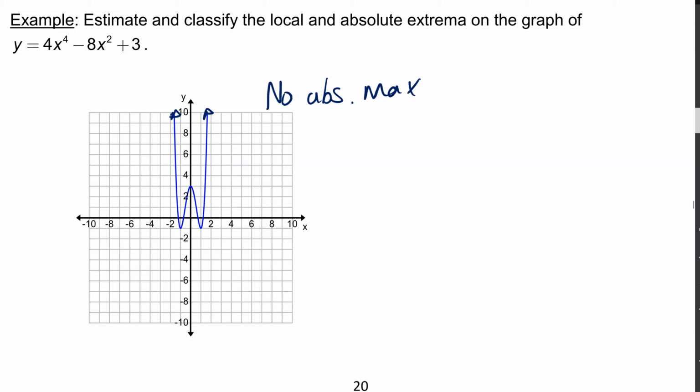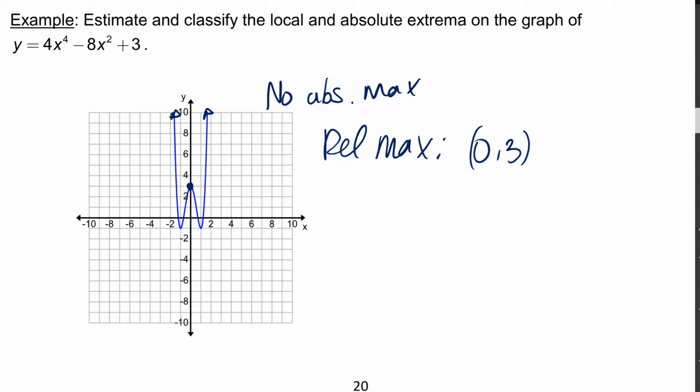But I would have one relative max, as long as my interval is like, I don't know, -1 to 1. Where is my relative max located? Yeah, (0,3). This is my relative max, because if I zoomed in just from -1 to 1, on that interval, that would be the relative max.